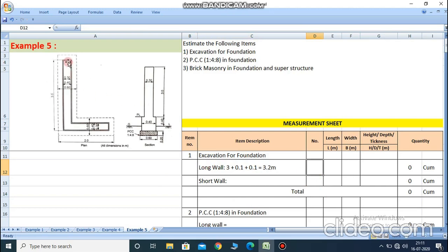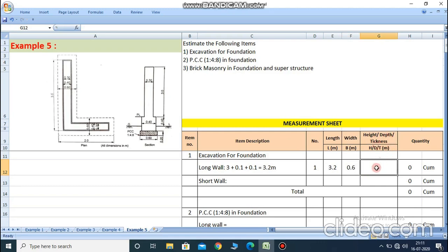So here in the long wall, only a single wall is given. So in number we write 1. Length is given 3.2 meter. Now width for the excavation for the long wall, here dotted line width is given 0.6 meter. So exactly we write here 0.6 meter. Now height, depth or thickness.